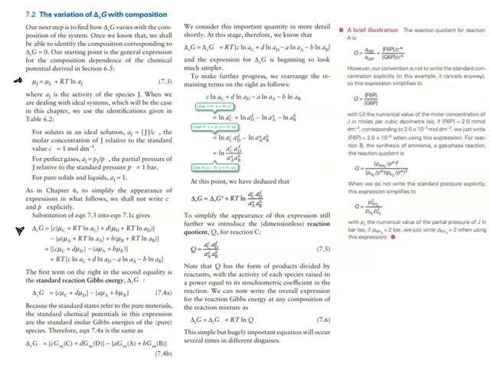And that simplifies to what we see here. Note this is for the general reaction of a units of A plus b units of B reversibly reacting to form c units of C plus d units of D. So not particularly complicated, just a bunch of terms and their corresponding chemical potentials. The first term on the right in the second equality is the standard reaction Gibbs energy.